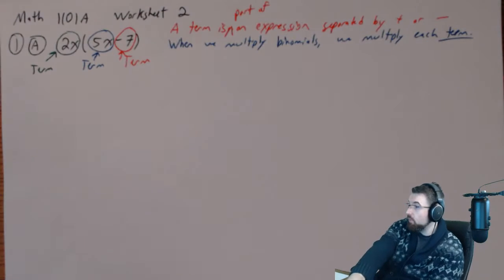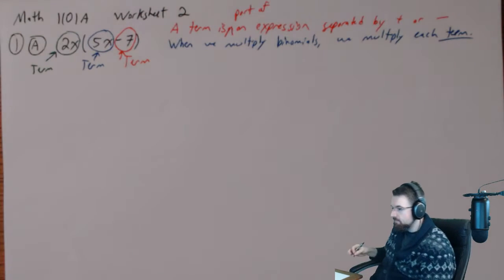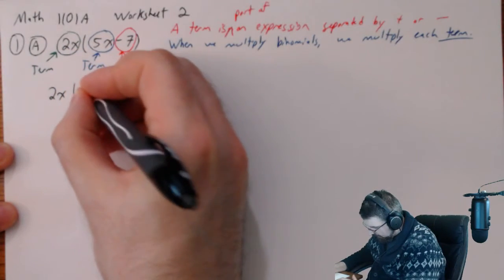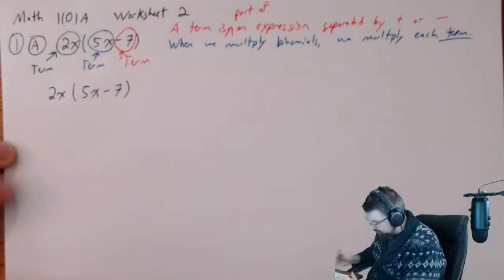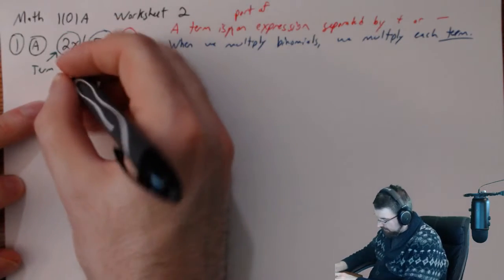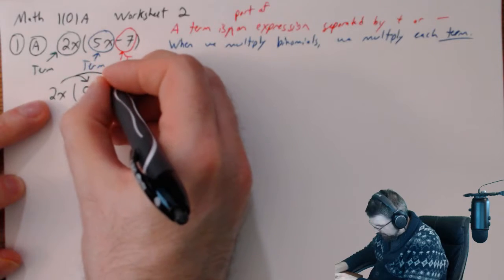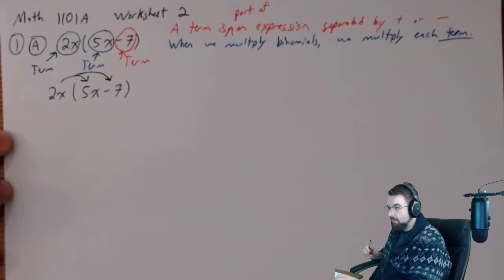So now when we multiply, what we're multiplying is 2x by 5x minus 7. So this term outside gets multiplied by this one on the inside, and it gets multiplied by this one on the inside, like so.